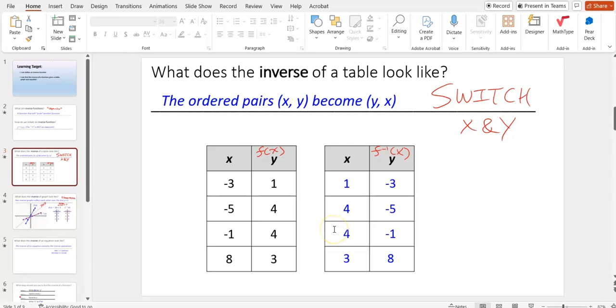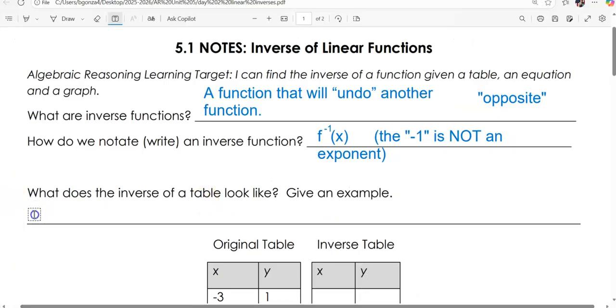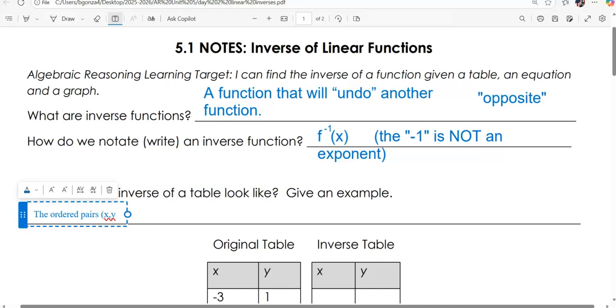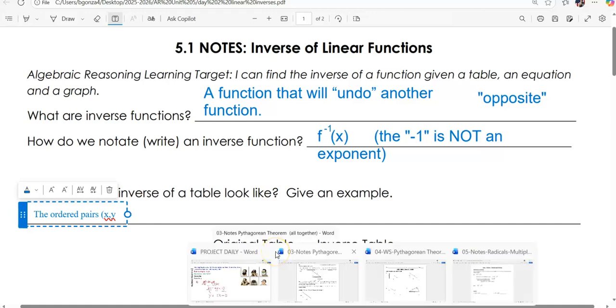So go ahead and write the ordered pairs x, y become y, x. The ordered pairs x comma y become y comma x.